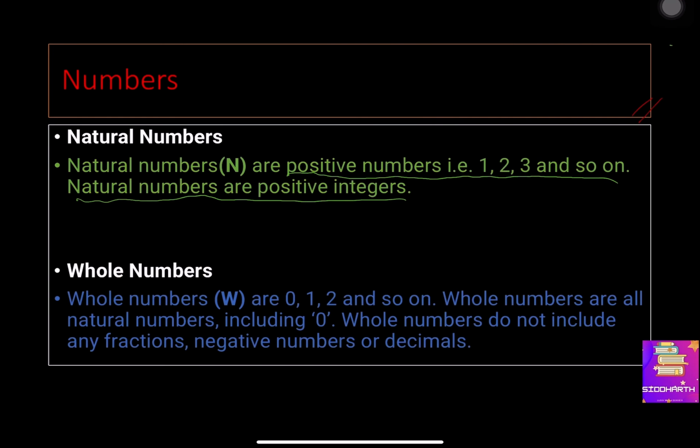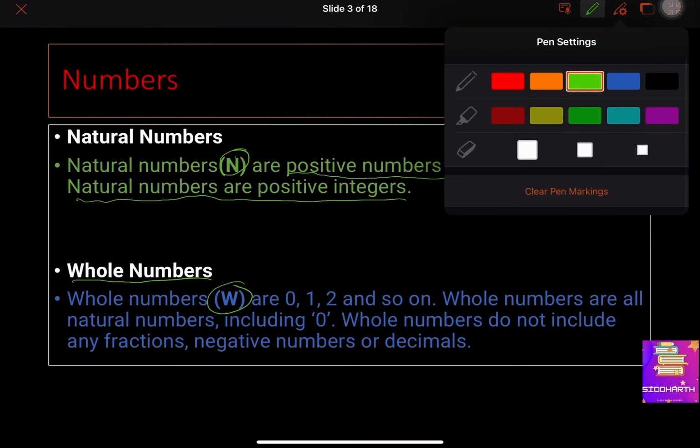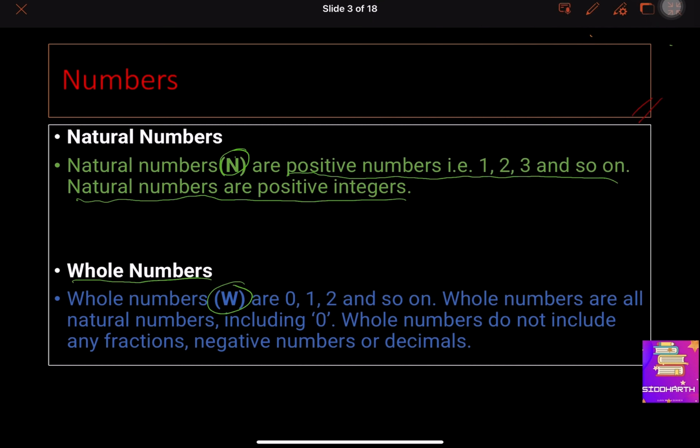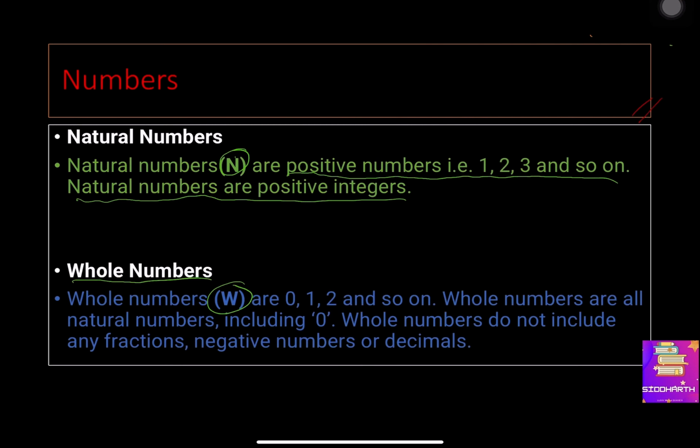Now next, whole numbers. Whole numbers are represented by W. Natural numbers are represented by N. Okay, whole numbers are 0, 1, 2 and so on.